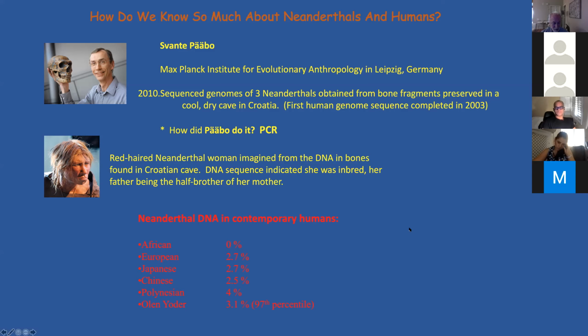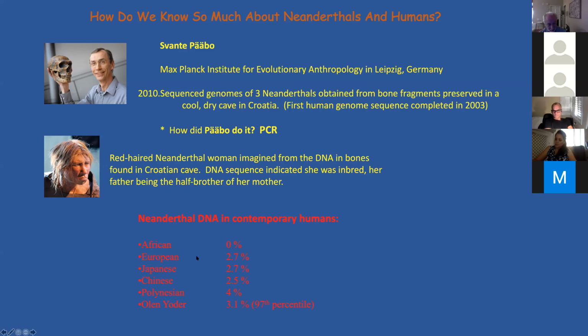Remember from the map, Neanderthals left Africa long before humans did, and so if they made it in Africa, there are no markers to indicate that. But there are markers to indicate that mating did occur in Europe between humans and Neanderthals.